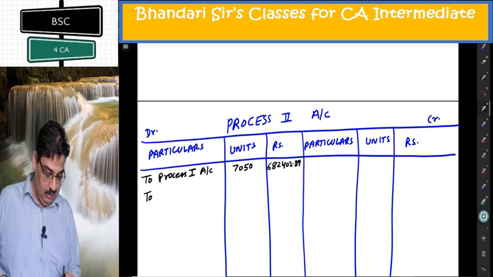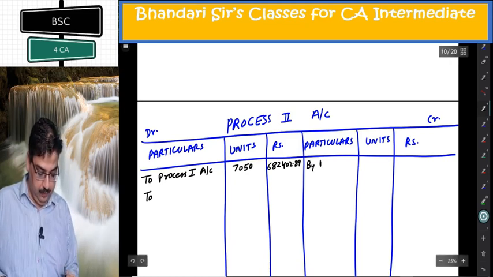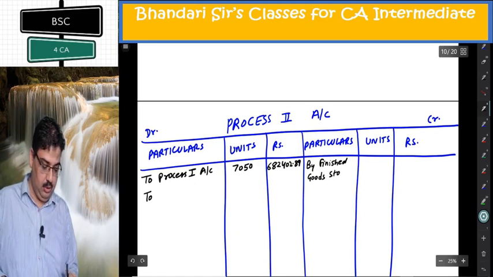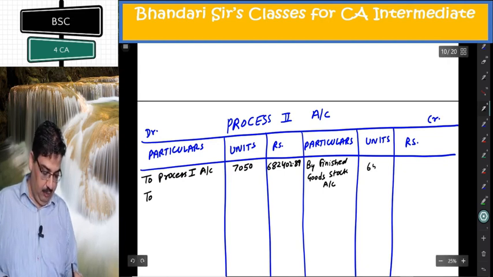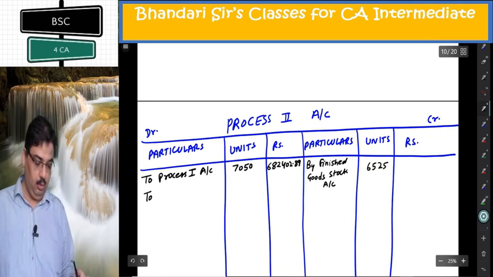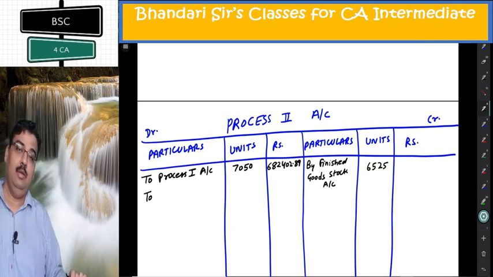The output transferred to finished goods stock, by finished goods stock account, 6525 units to be valued later on at valued cost, that I will compute later on.